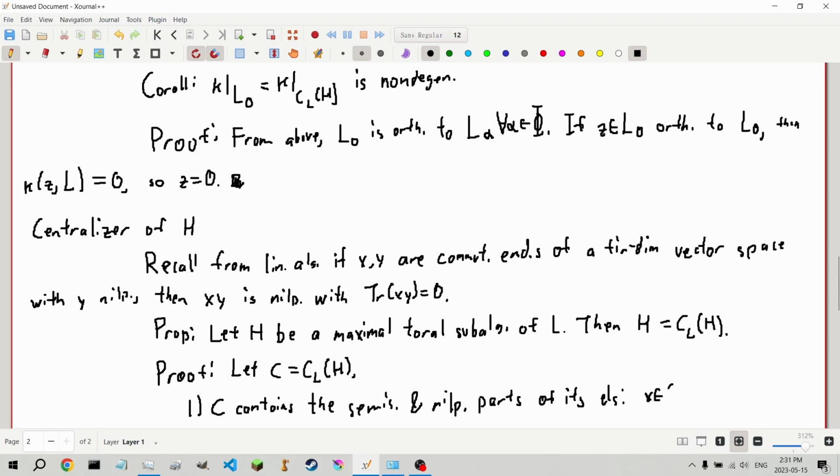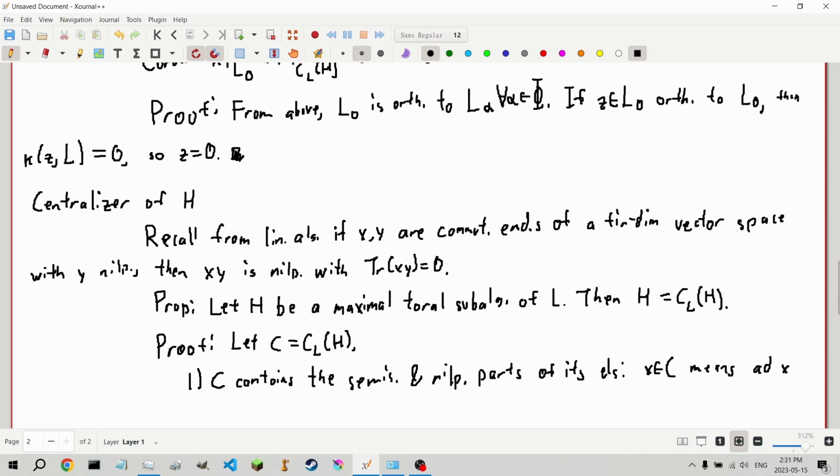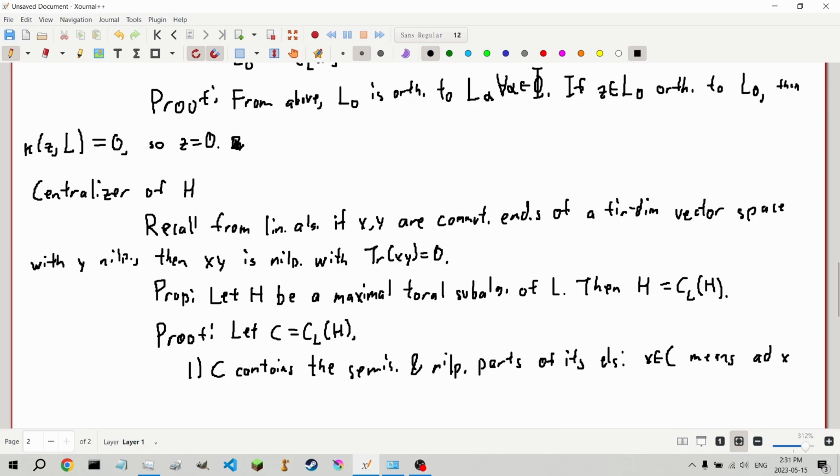So x belongs to C means that the adjoint of x maps H, as a subspace of L, to 0.